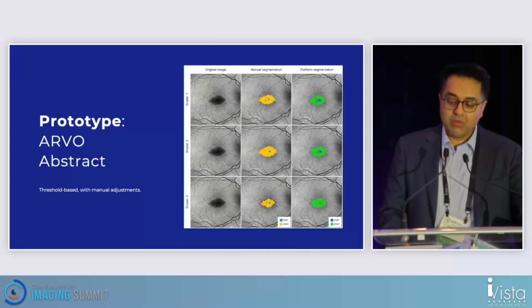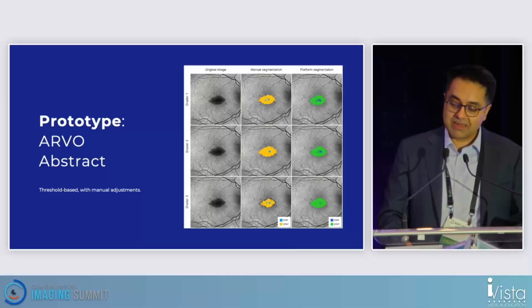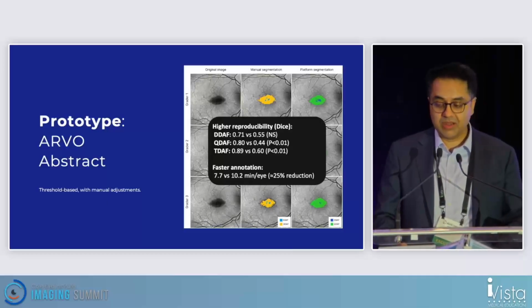So we set out to define this in a prospective manner, and we built a prototype where we looked at manual segmentation compared to platform-based segmentation, and found higher reproducibility in terms of Dice scores with this initial prototype version.